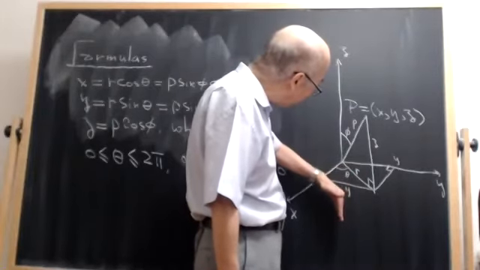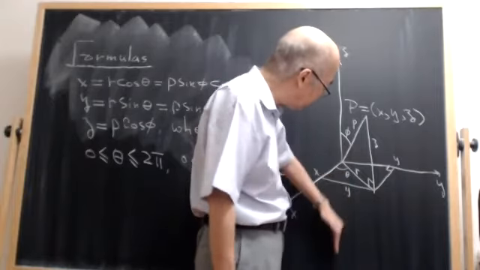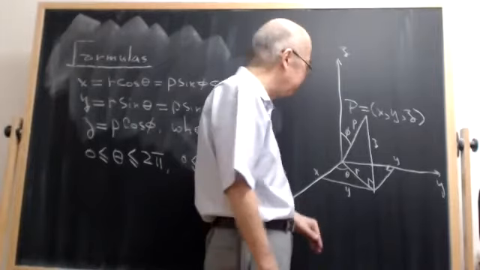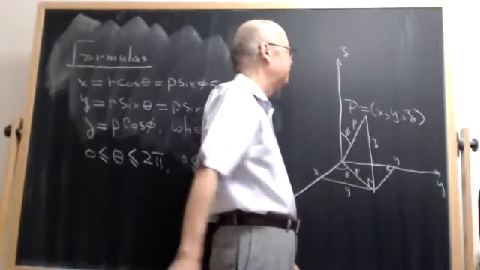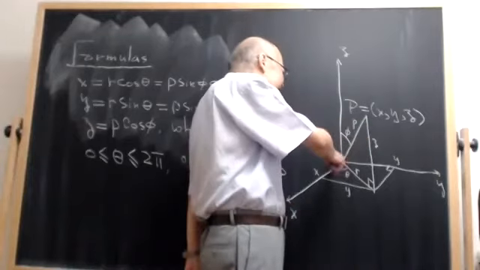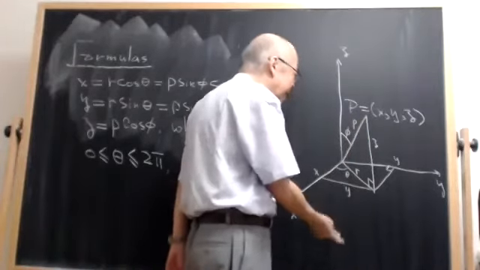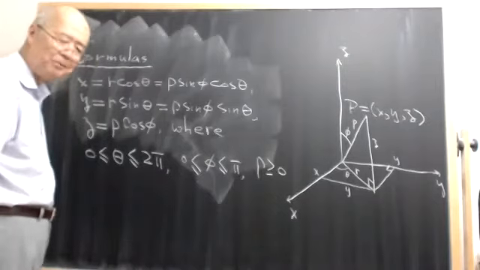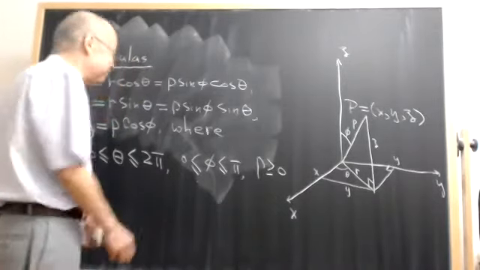But it can also align with the z-axis in the opposite direction, downwards. And then the whole radius here will come down. And then what is the angle? The angle would be pi. Oh, got it. Thank you, sir. No, this is not the empty set, it's an angle. Okay, all right.